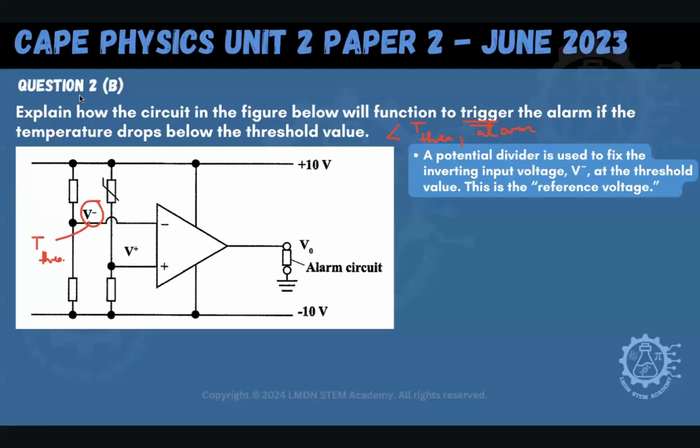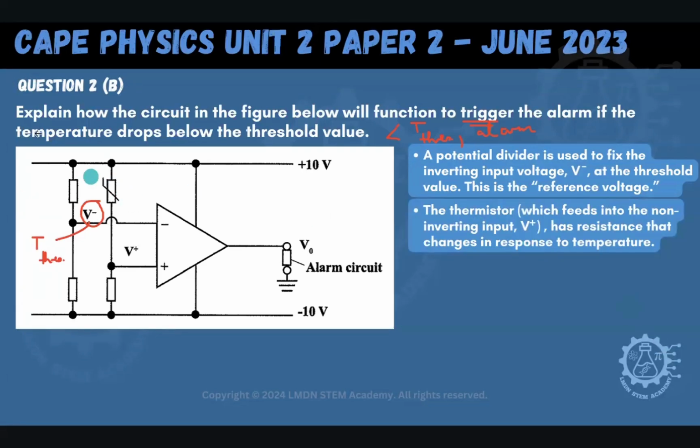Then what are we going to do next? How is the alarm really going to work? The thermistor, this one right here, feeds into the non-inverting input, V plus. The thermistor has a resistance that changes in response to temperature, so it's a temperature sensor.